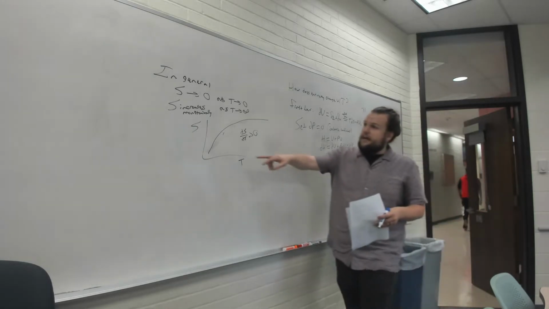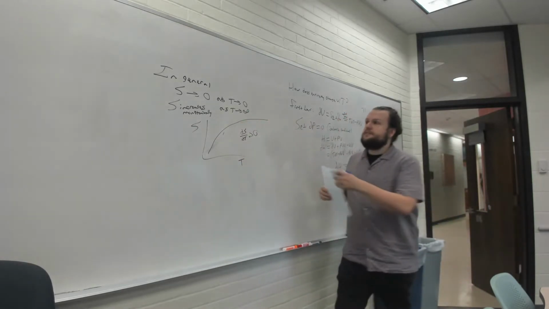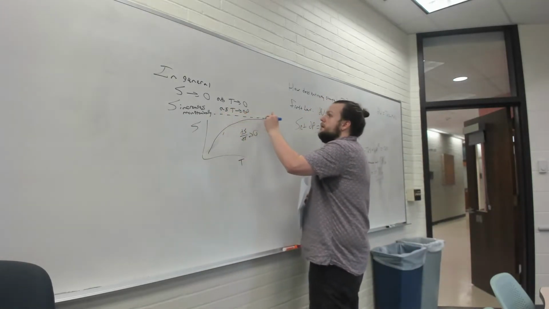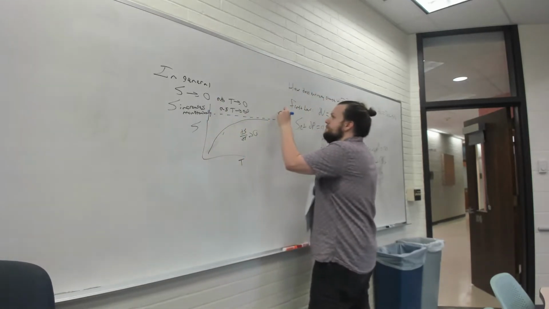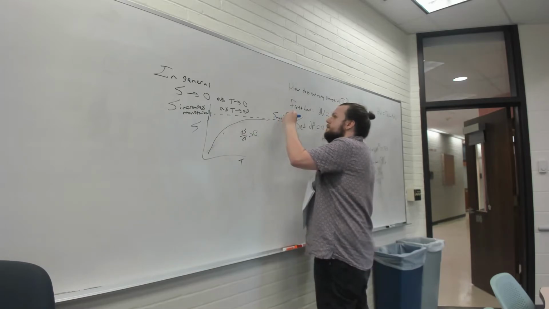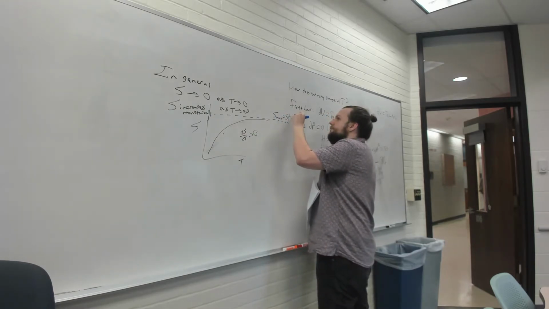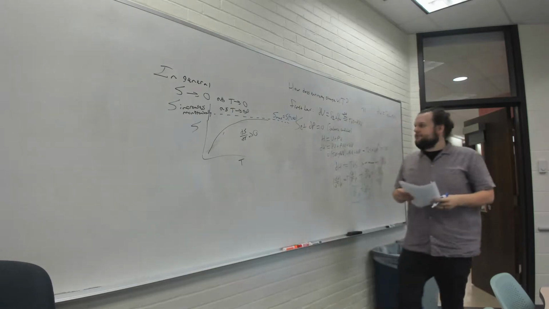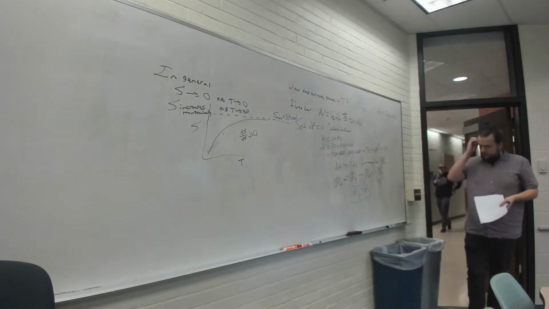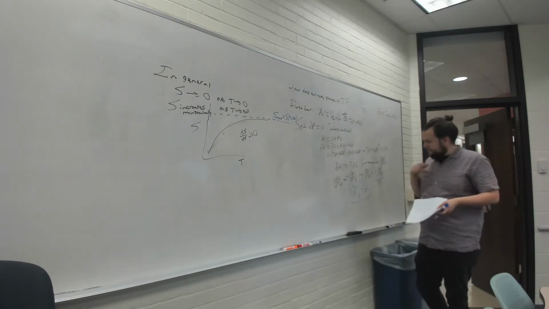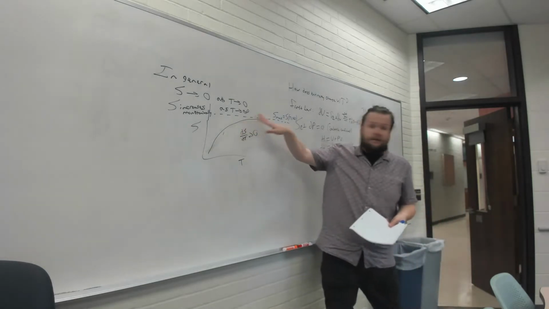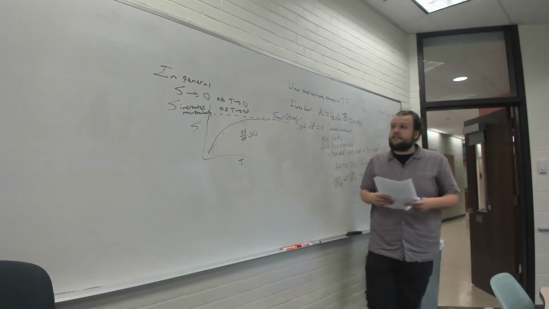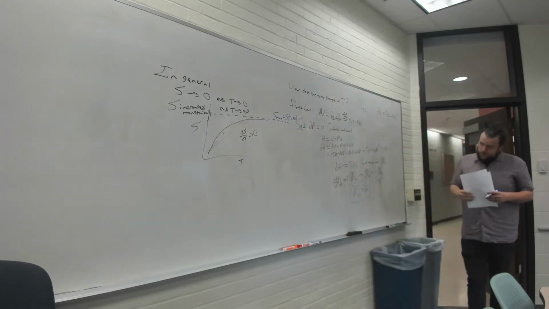So that means that at infinite temperature, there's an asymptote that it approaches, which is S max, the entropy at T equals infinity. So there's some maximum entropy that the system will approach at infinite temperature. So the whole thing kind of levels off. This is just a good approximation for it.